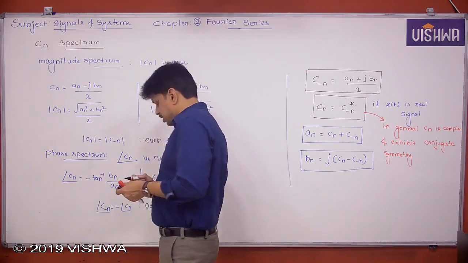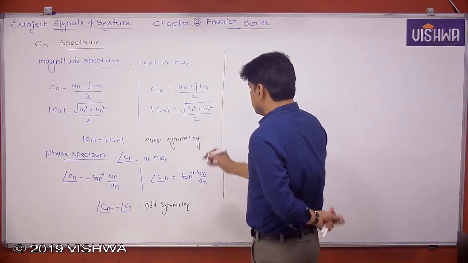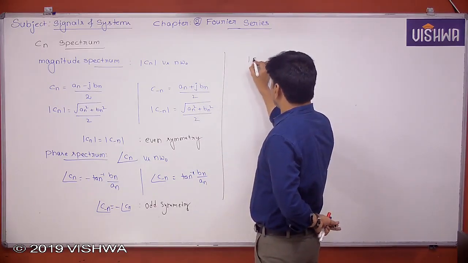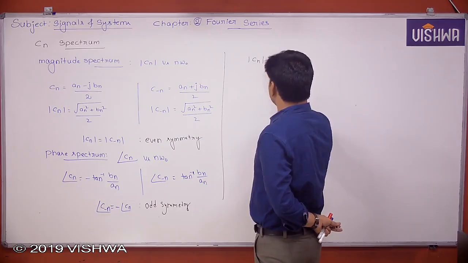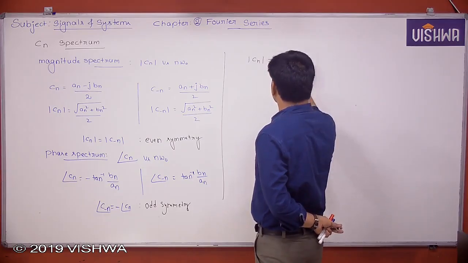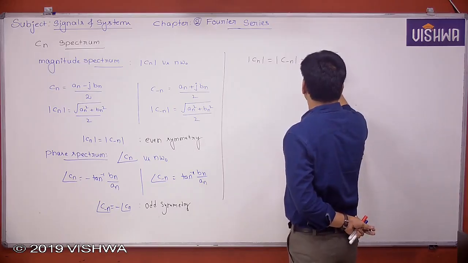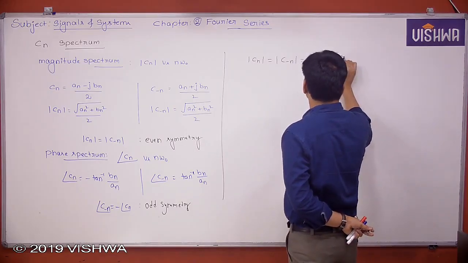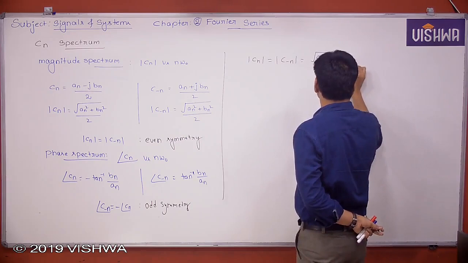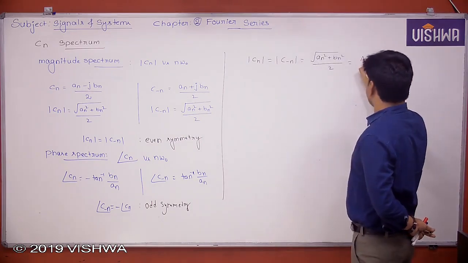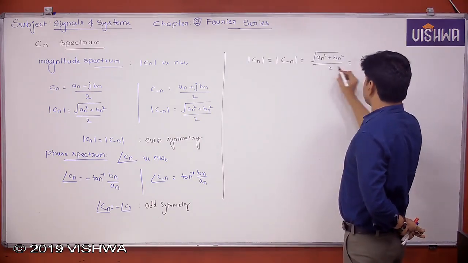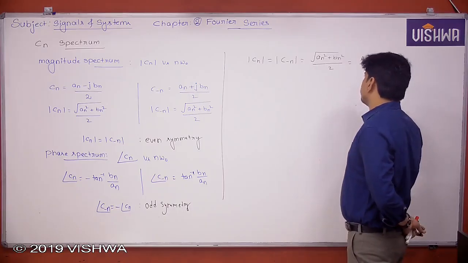Odd symmetry. Clear? If you observe carefully, mod Cn is equal to mod C minus n, which is equal to root of an square plus bn square by 2, which is exactly the same as capital An by 2, because root of an square plus bn square is nothing but An.